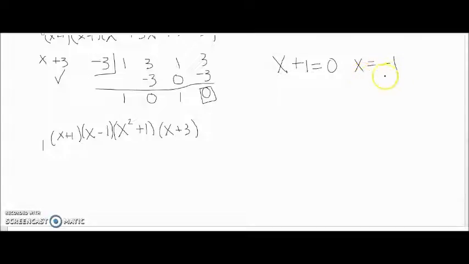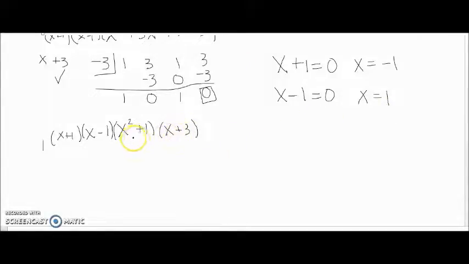That's one of our zeros. That's one of the numbers that makes this expression equal to 0. The second one, let's do x minus 1 equals 0. Well, in that case, we have to add 1 to both sides. So that means x is 1.